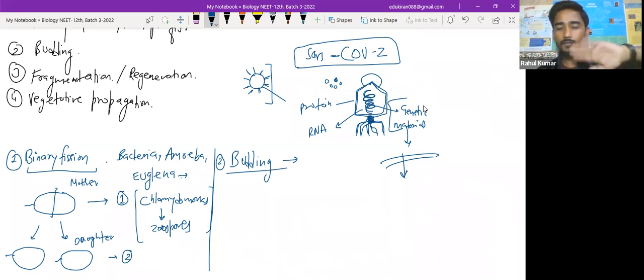We'll talk about that, forget about the term for now, but just know that somehow they make their genetic material incorporate in our genetic material. And when we are making proteins, we are also making proteins for the virus. This is how viruses can trick our system.